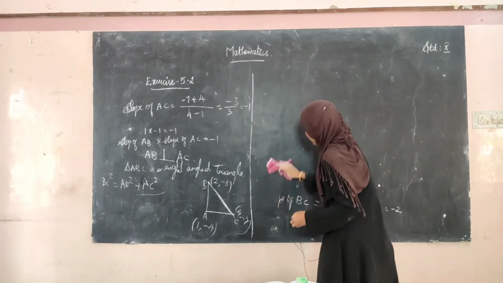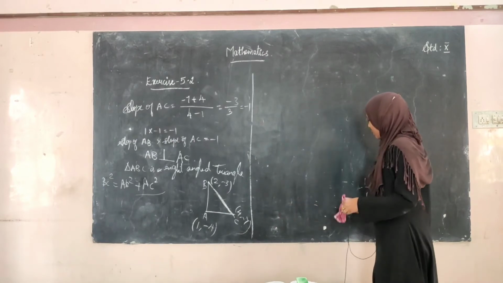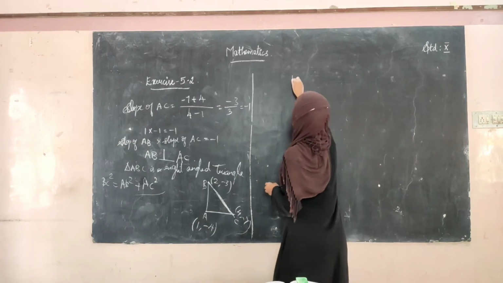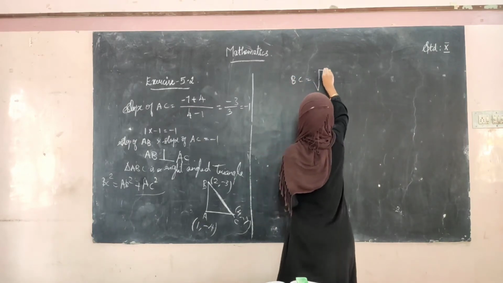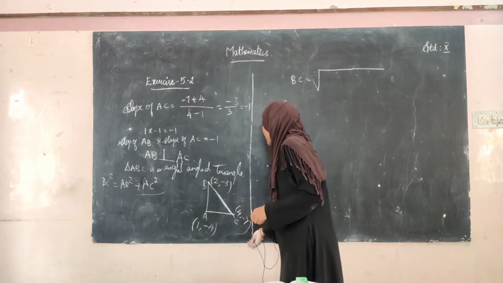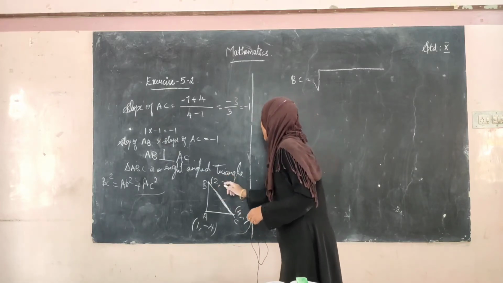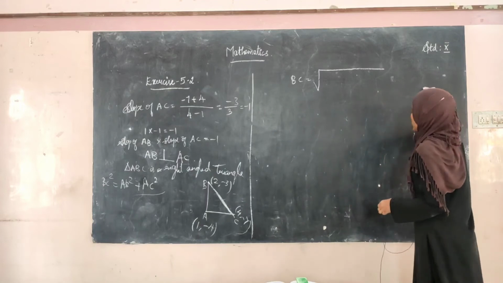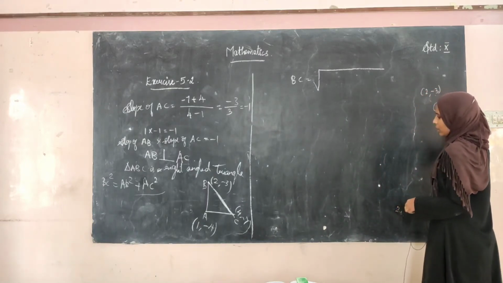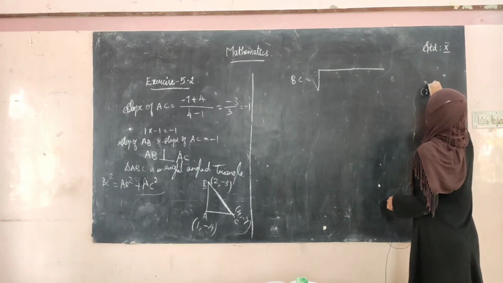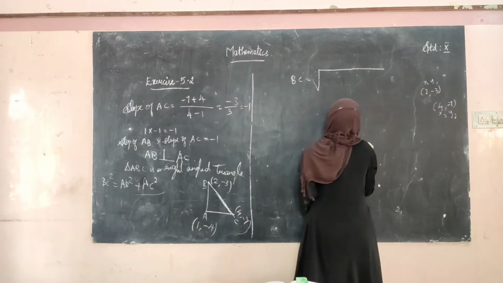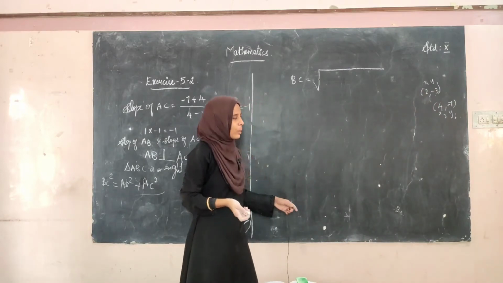For that, you have to find the lengths of AB, AC and BC, right? So BC is equal to square root of, where is B? It is 2 comma -3 and then 4 comma -7. So x1, y1, x2, y2. What's the formula for finding the distance? x2 minus x1 the whole square plus y2 minus y1 the whole square.